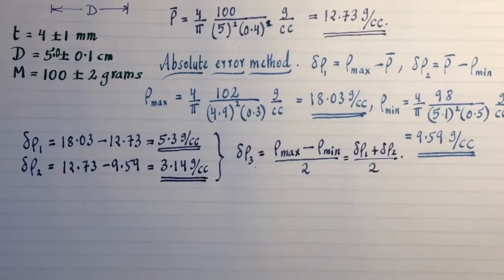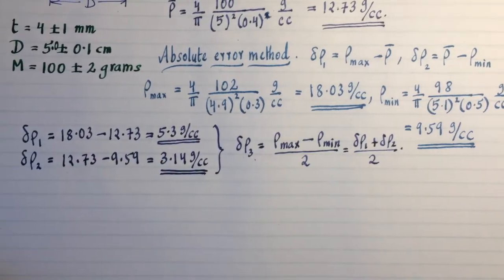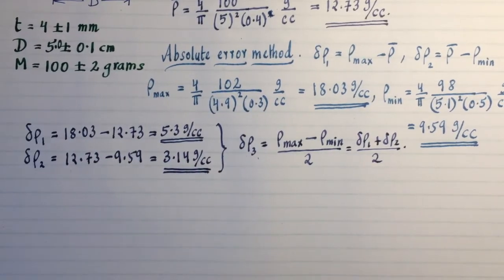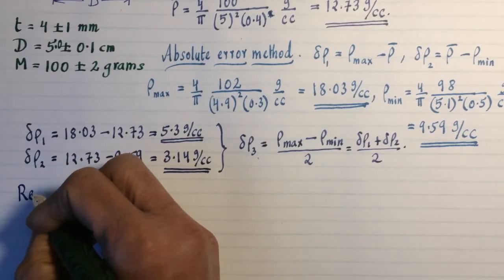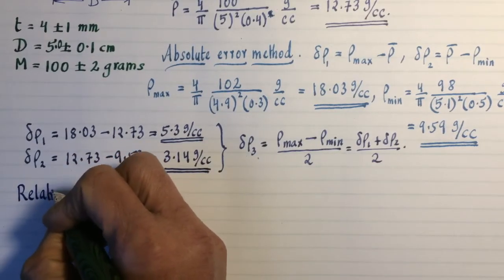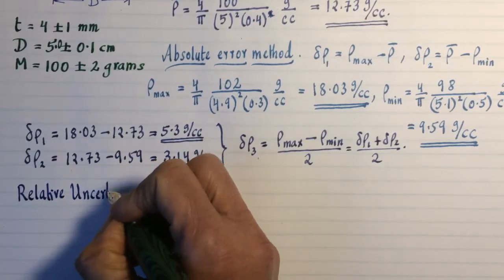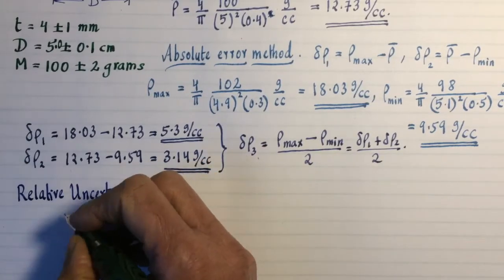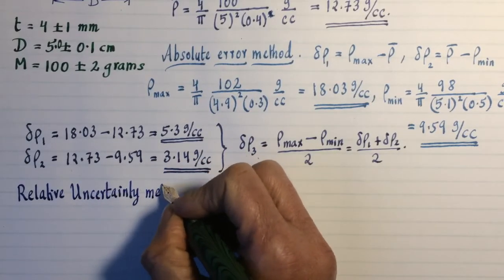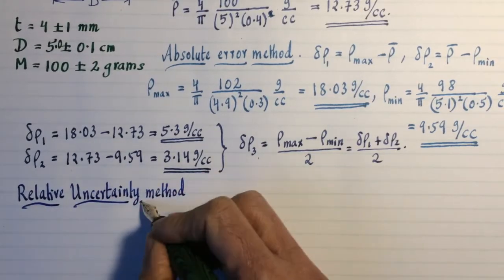The more refined way of doing this problem is by using what's called the relative uncertainty method, and if it's possible for you to do this, you should always use it. The relative uncertainty method is a very good method because it takes us very close to the true method, which is a second order uncertainty method, which I'll also talk about.